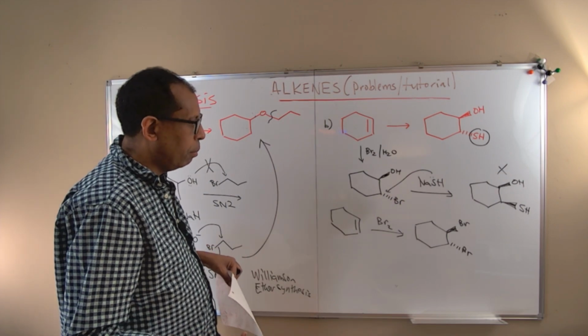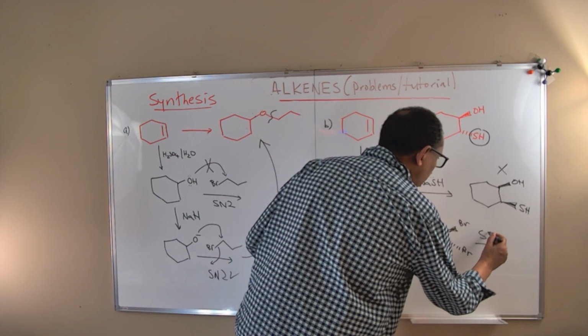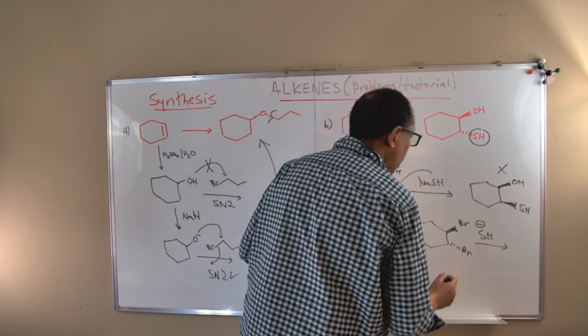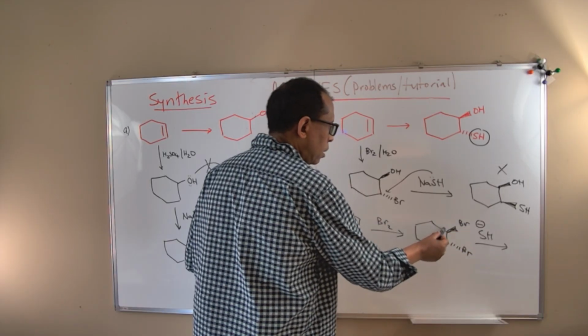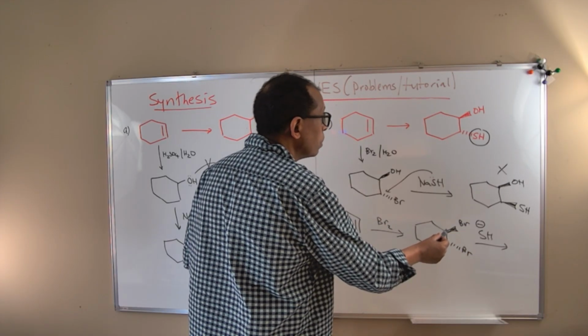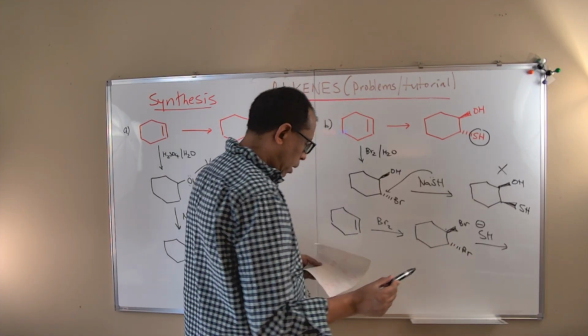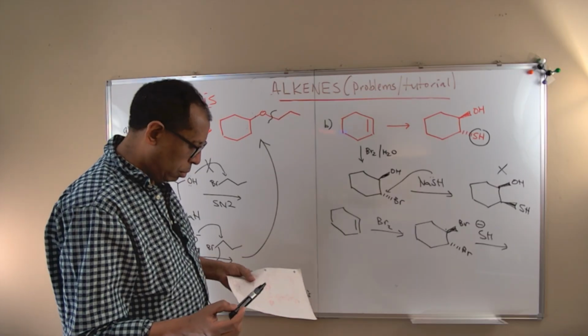Then by an SN2 reaction with the SH nucleophile, it can attack from the backside. So that's a bromo compound.